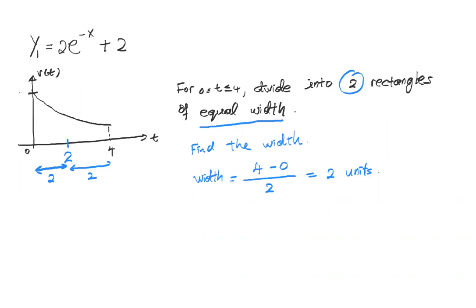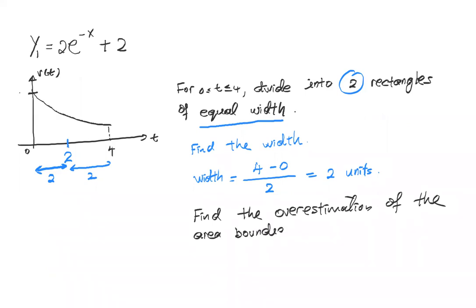Then from here, I want you to find the overestimation of the area bounded by the v-t curve, the straight lines t equal to 0, t equal to 4, and the t-axis.